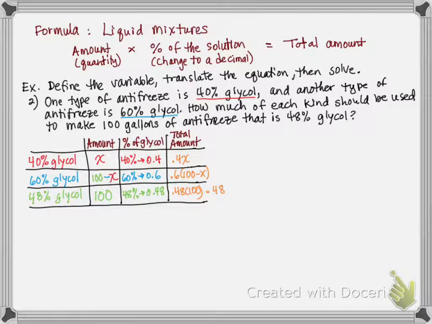So I'm going to write myself a little note here. If you know the total, so that's going to be the final one, is going to be the total amount.